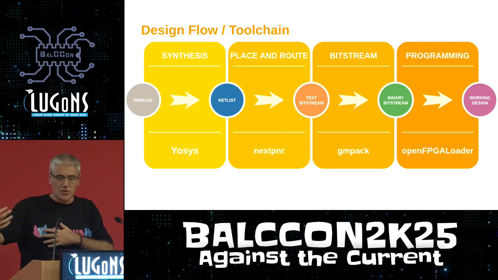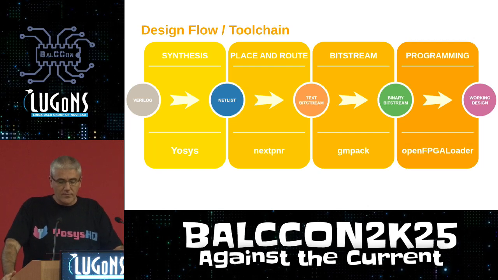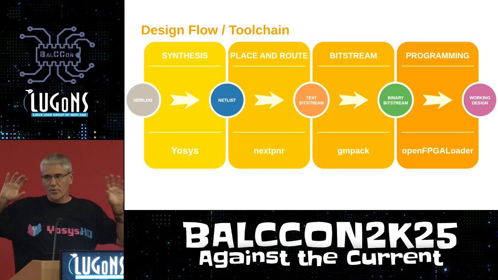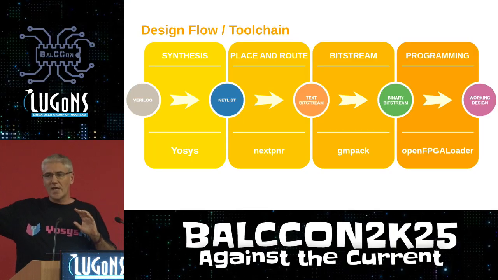To create a representation in the real hardware, we need to do place and route. Place and route is the process of actually placing all those primitives around the FPGA and connecting them, creating routes between each endpoint.